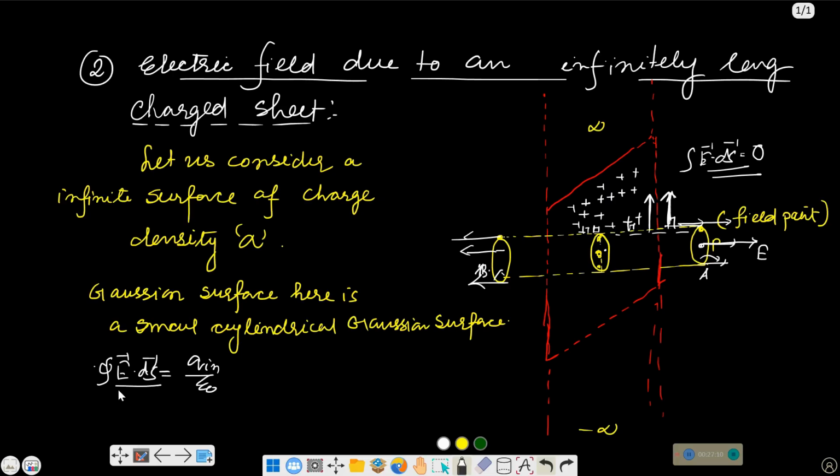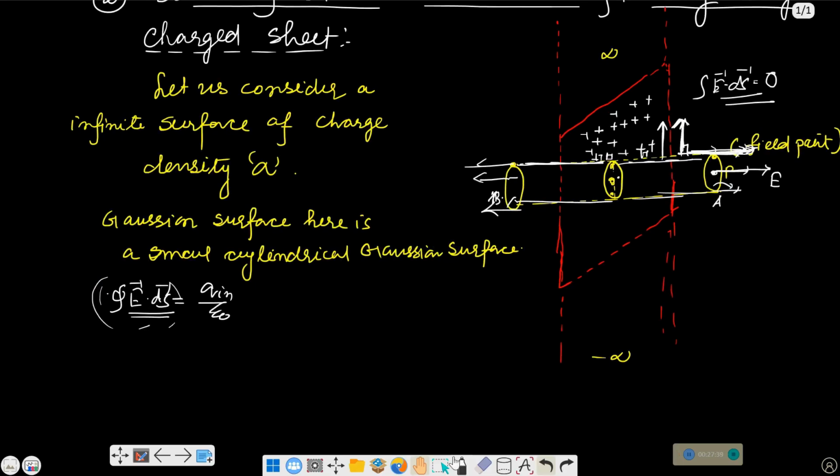Now here there are surfaces, flux due to all the surfaces. First is the flux through this cylindrical surface, and that will be equal to 0 because the area vector is perpendicular to the electric field vector, and the electric field vector is radially outward because of the symmetry, as you can see.